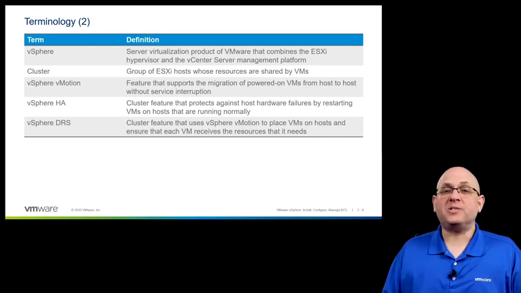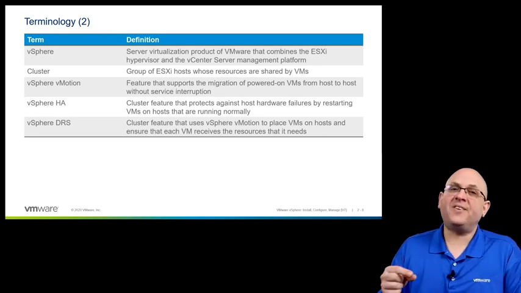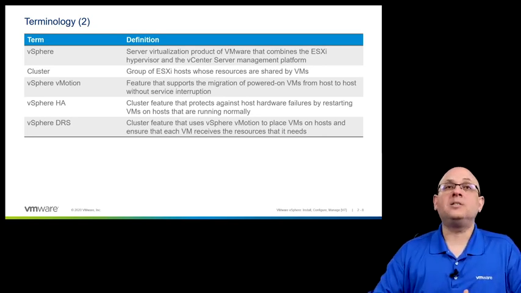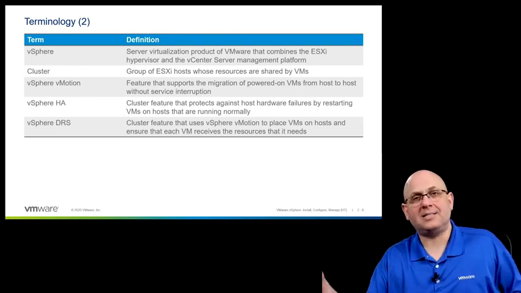Now, two features that are part of our clusters are called HA and DRS. What vSphere HA does is it looks at all of our hosts and all the virtual machines running on them.